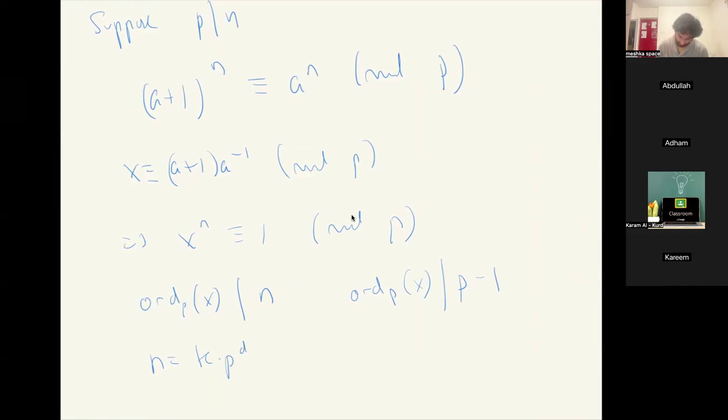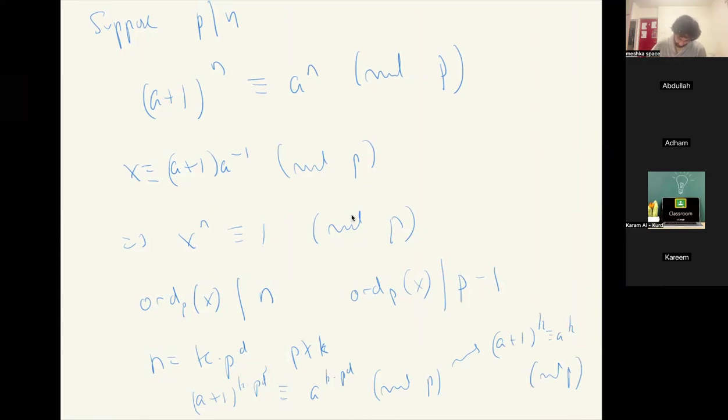So we have (a plus 1) to the k times p to the d is congruent to a to the k times p to the d mod p. And so we have (a plus 1) to the k is congruent to a to the k mod p by Fermat's theorem.